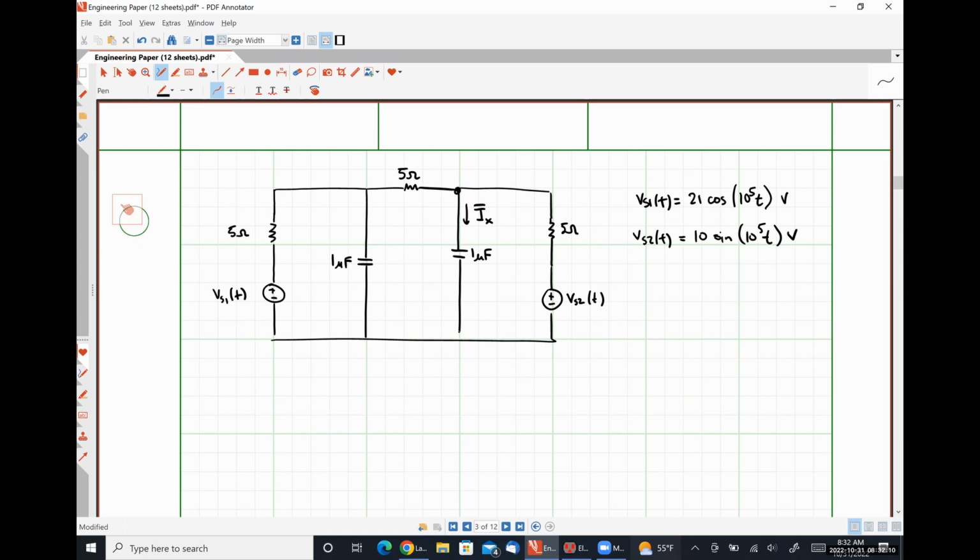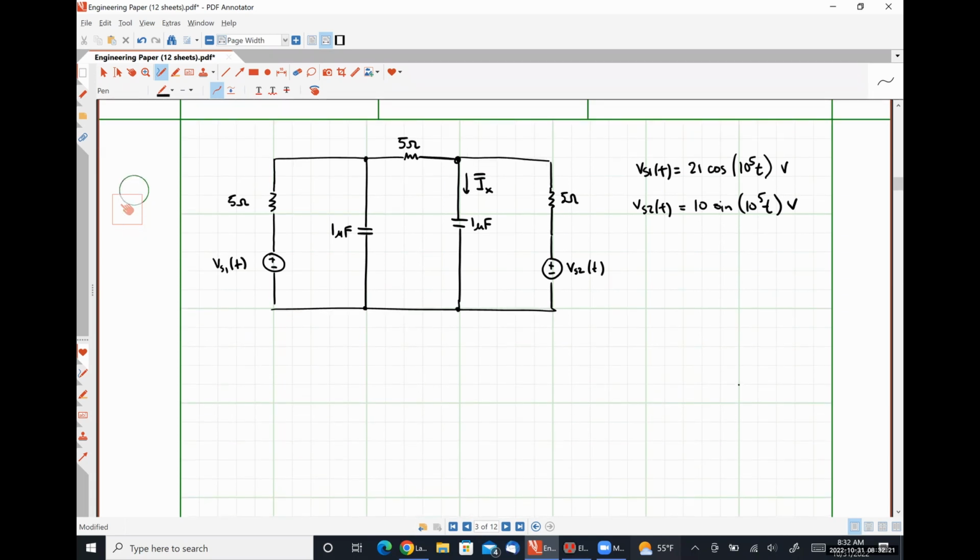So what's the first thing we need to do? Convert this thing from the time domain into the frequency domain. Absolutely correct. So what is VS1 going to look like in the frequency domain?